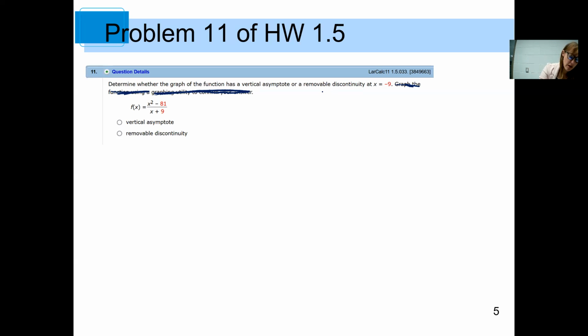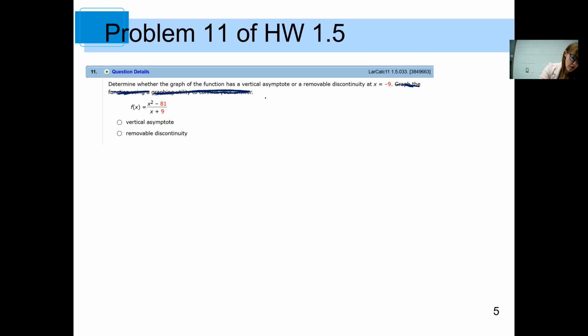So we want to determine if the graph of the function has a vertical asymptote or removable discontinuity when x equals -9. So removable discontinuity, one of the things is if it's discontinuous at x equals -9, and given the context, I think we can assume that it is. To determine the type of discontinuity it is, we need to look at why it is discontinuous.